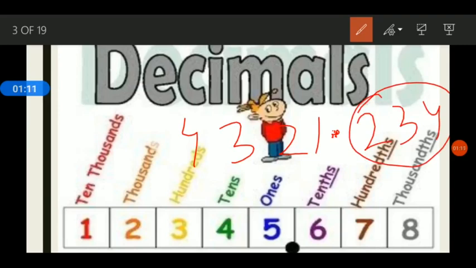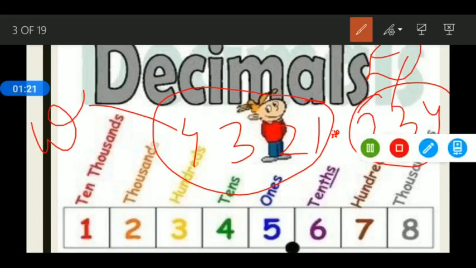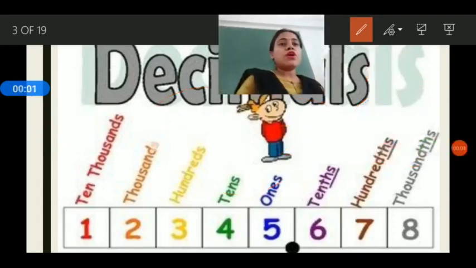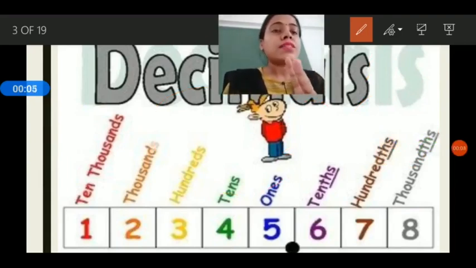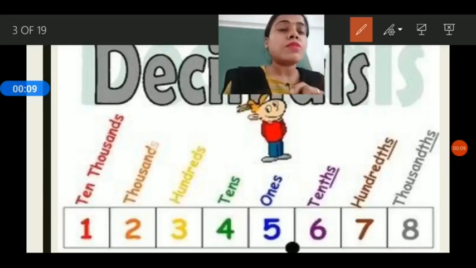Here this left part is the whole number part and this right part is the decimal part. So this decimal number contains two parts, the whole part and the decimal part.